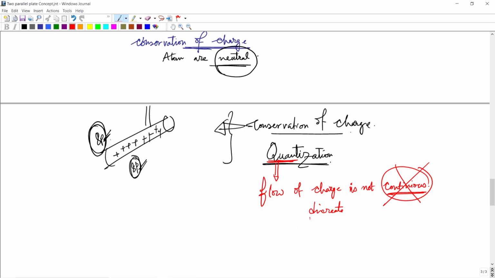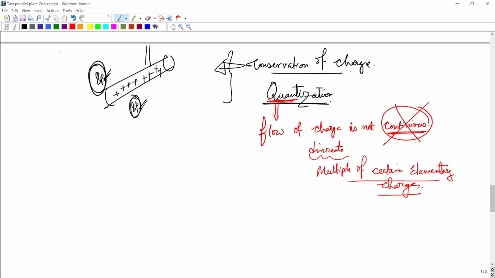The discrete value means a multiple of a certain elementary charge, and that is where the quantization concept came from. Suppose the charge is q, and n is the quantum number, n equal to plus or minus 1, plus or minus 2, plus or minus 3, and so on.